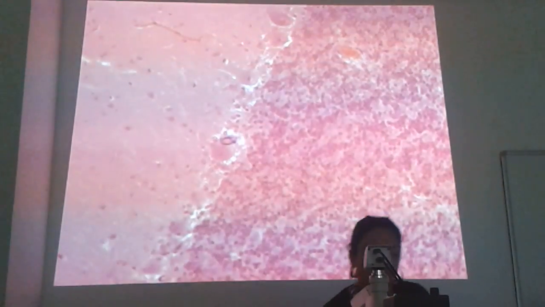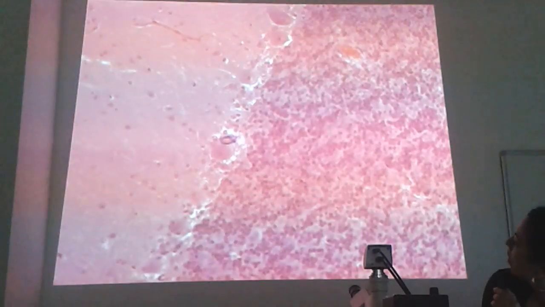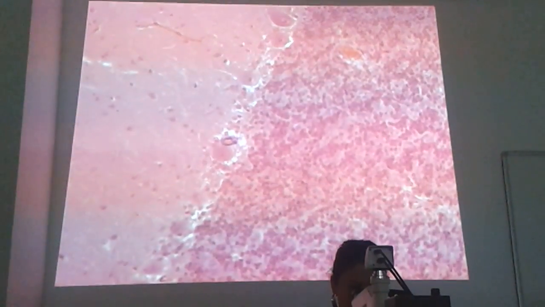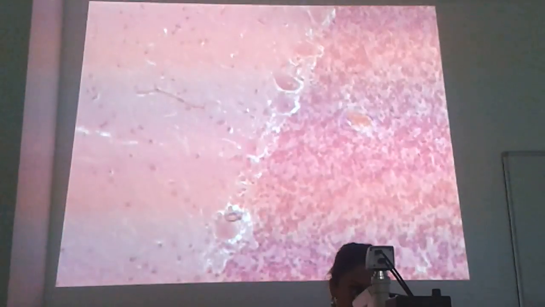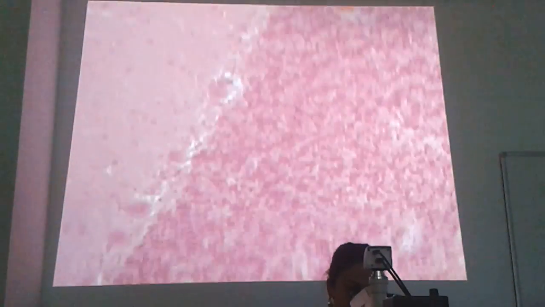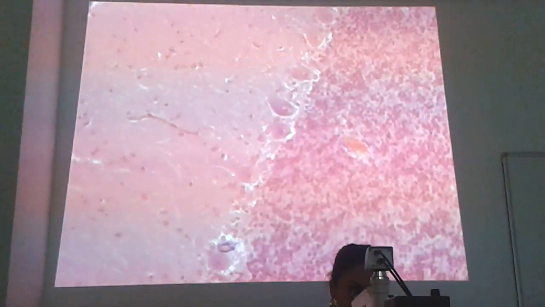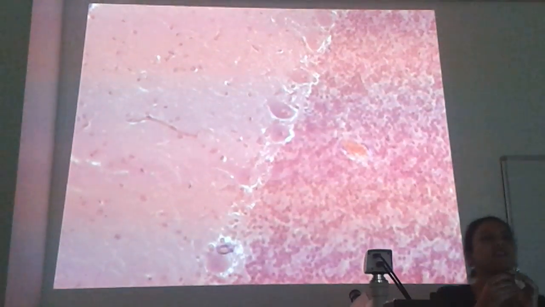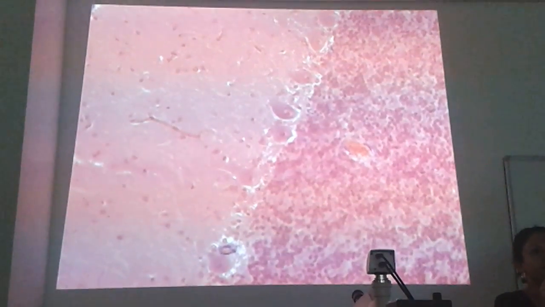I'll try to show you this Purkinje cell. So what type of neurons are Purkinje cells? Multipolar. So what is the difference between multipolar and unipolar?